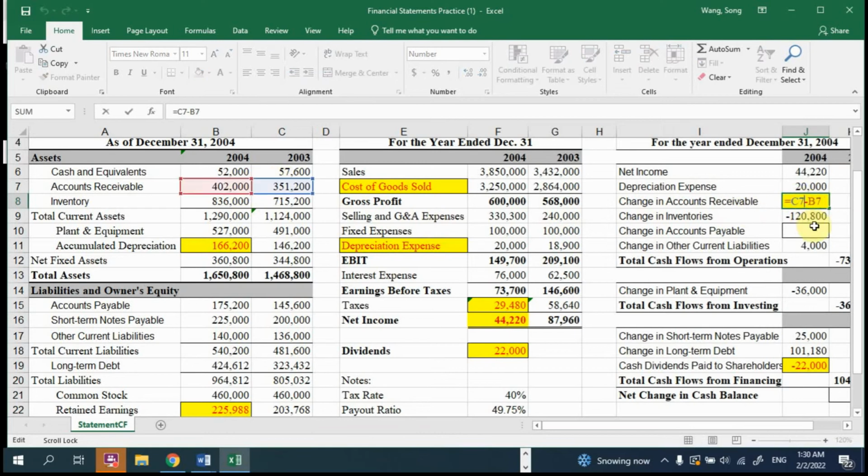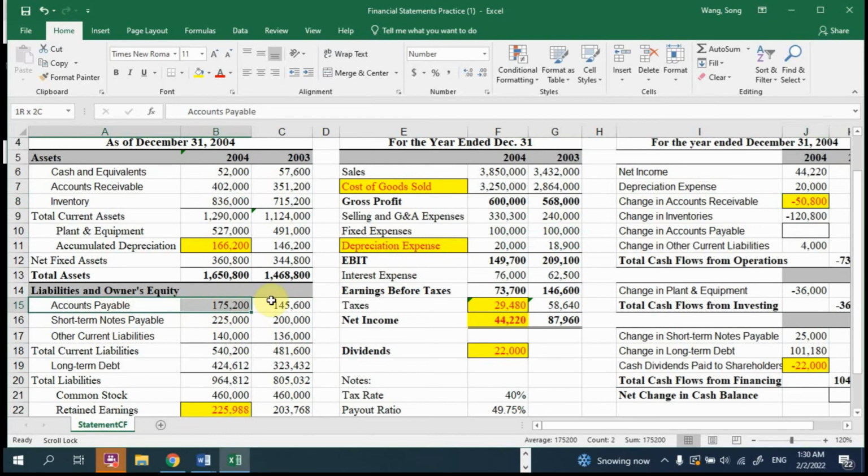So this is the Excel formula. And for accounts payable, this one is not assets anymore. It is actually belonging to liabilities and equity. And when anything happens for liabilities or equity, when they increase, that's gonna cause a positive cash effect. So this one, you see with accounts payable increase from 145k to 175k, you will see the cash effect is positive.